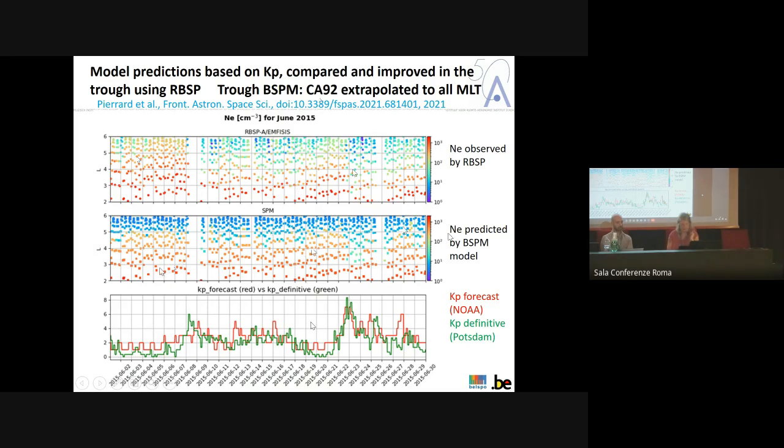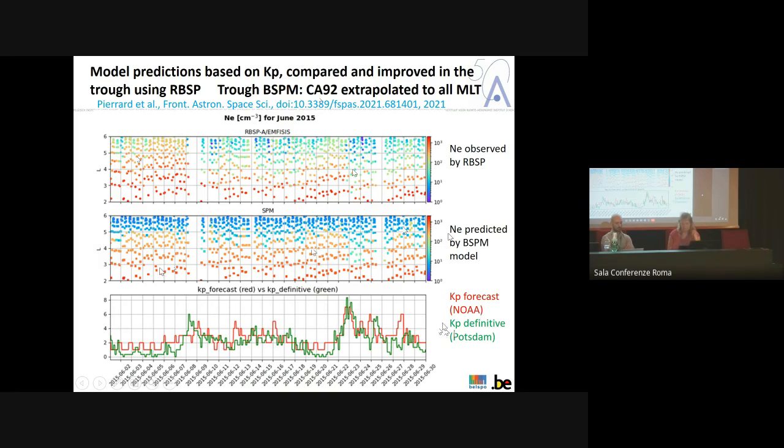But what is also important to note is that you can have differences in the model also due to the KP index, because as I mentioned, the input of the model is simply the date. And for the dates, you can have the KP forecast, for instance, given by NOAA.